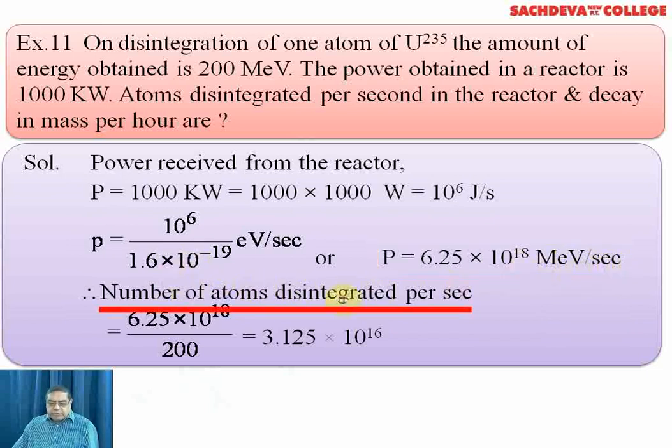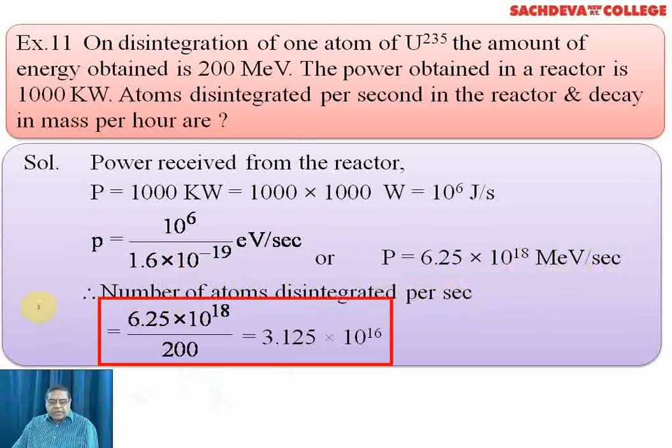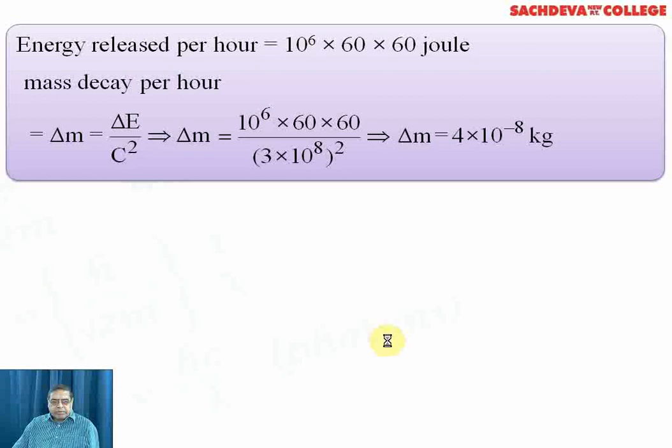Now the number of atoms disintegrated we have to find. So 6.25 × 10^18 should be divided by 200 because the energy produced per atom is 200. And that comes to be 3.125 × 10^16.